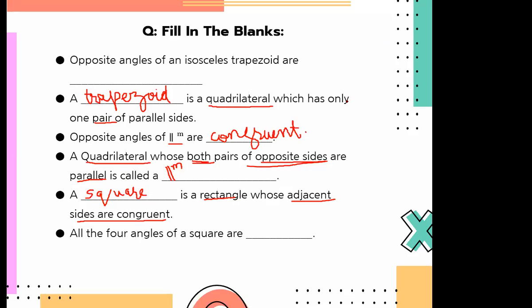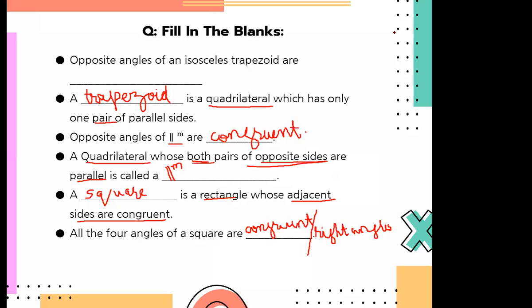You can say that all the four angles of a square are congruent, or also that all the four angles of a square are right angles. Both answers are the same.